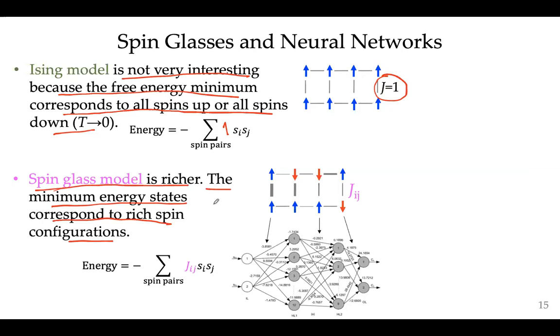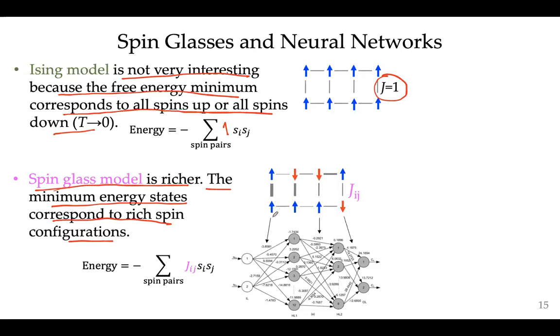And the spin glass models resemble, if you ask me, the physical model that resembles the neural networks. It's not the Ising model, but the spin glass model, because the minimum does not have all the spins in the same direction, but some of them up and some of them down.